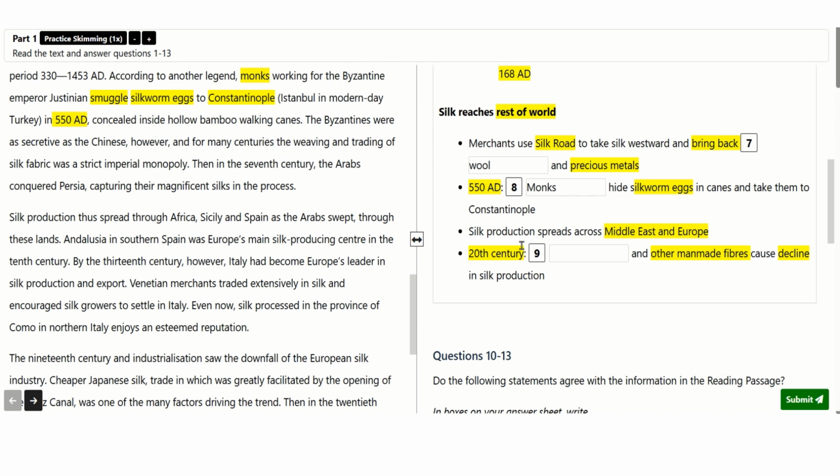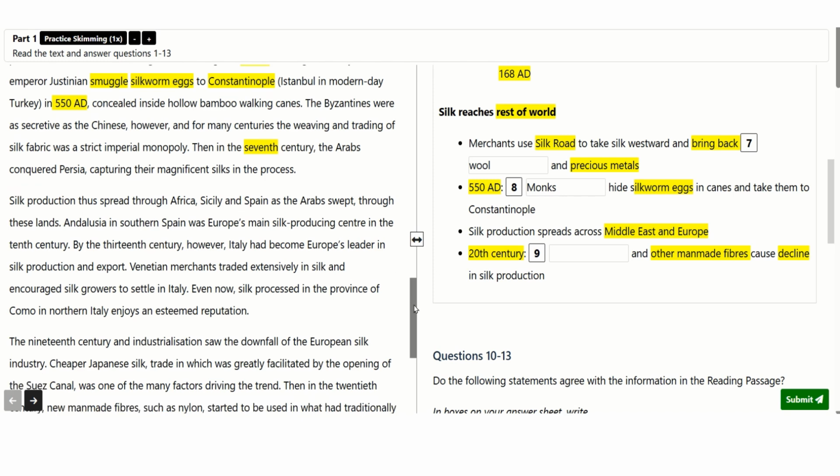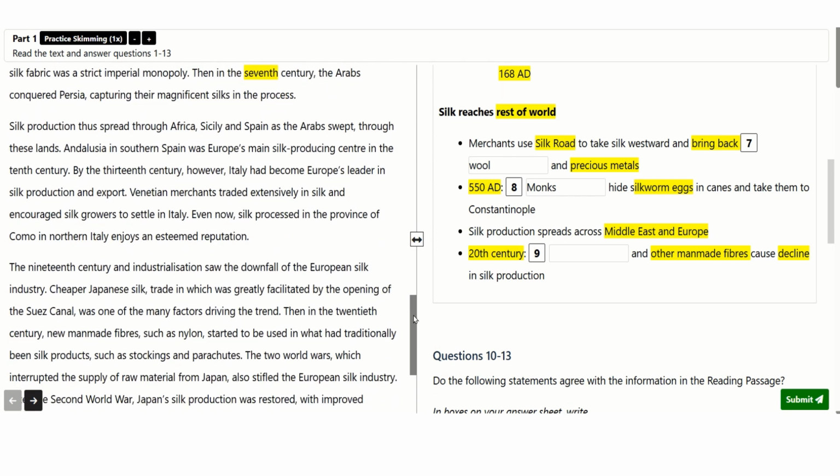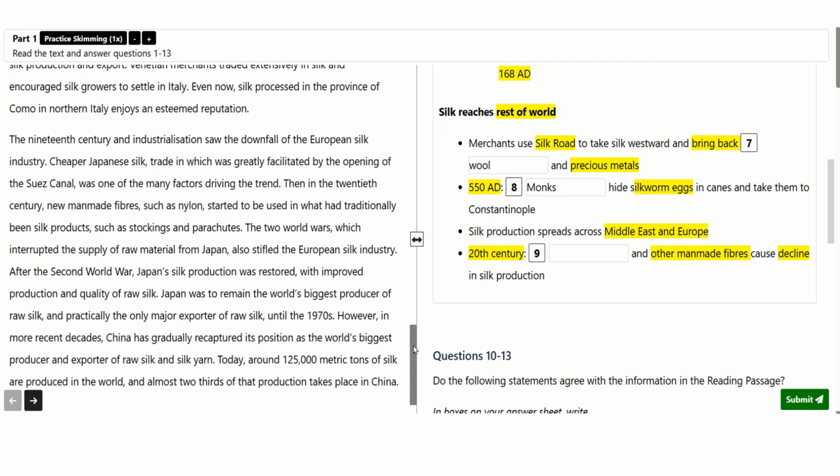Silk production across the Middle East, and then 20th century. Where is 20th century? Now, they have 7th century. So, they have written in words. Here, they have written in numbers. So, make sure you double check, you don't miss it. Do we have 20th century here?